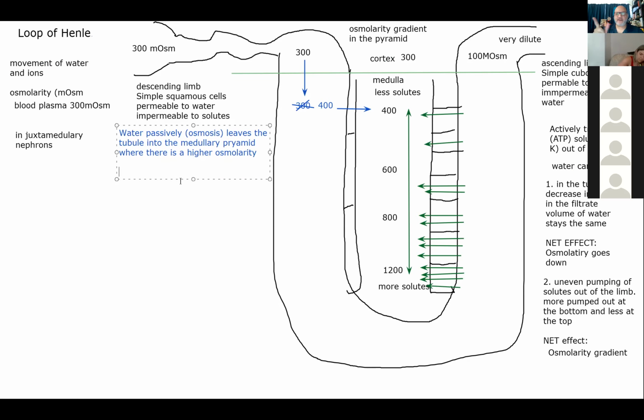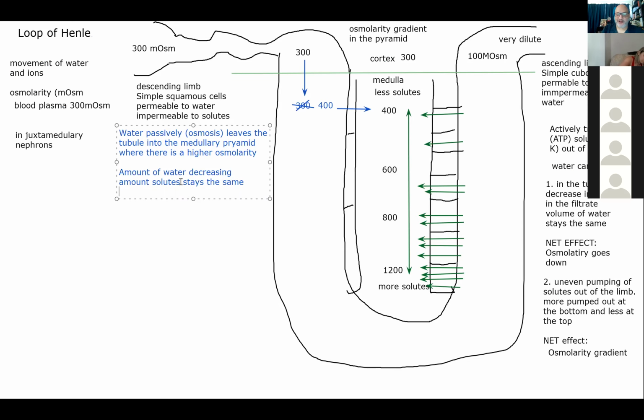Now, notice the effect that that has on the inside. The amount of water is increasing, decreasing, or staying the same inside the tubule? Decreasing, excellent. But the amount of solutes stays the same. So we have the same amount of solutes, but in less water.